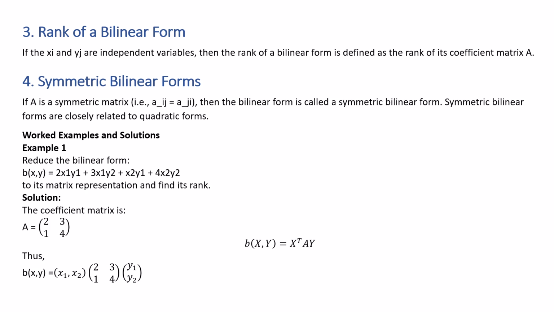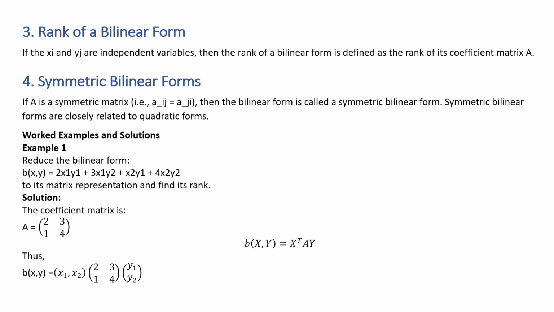As you can see from the equation, a11 is the coefficient of x1 y1, then a12 is the coefficient of x1 y2, that is row 1, column 2. Then row 2, column 1, the coefficient is 1, for x2 y1. Then a22 is the coefficient of x2 y2. And we have gotten our matrix A to be 2, 3, 1, and 4.